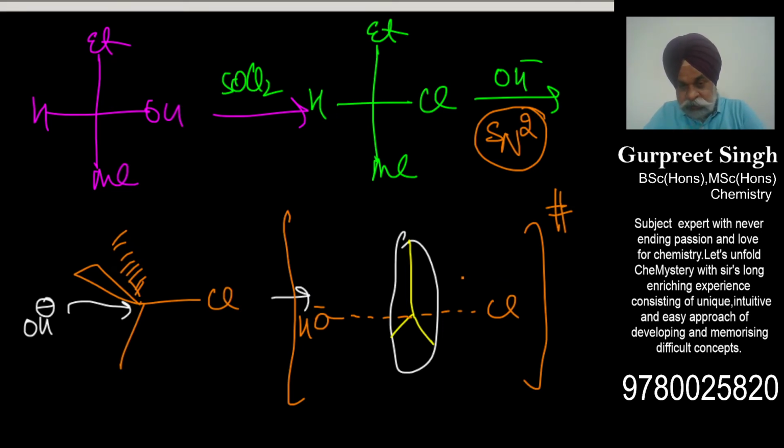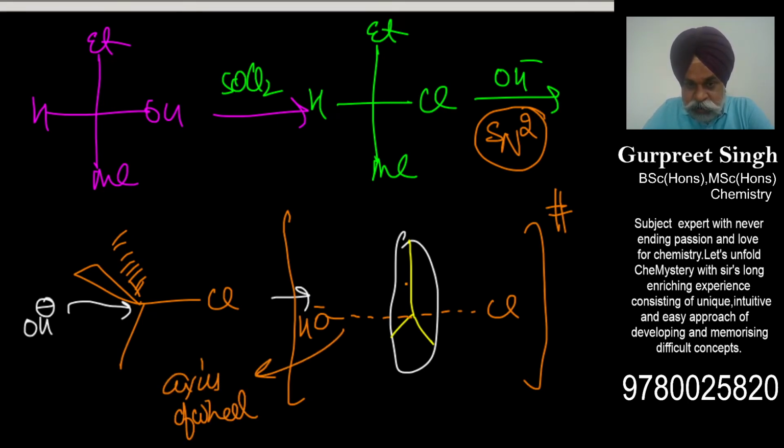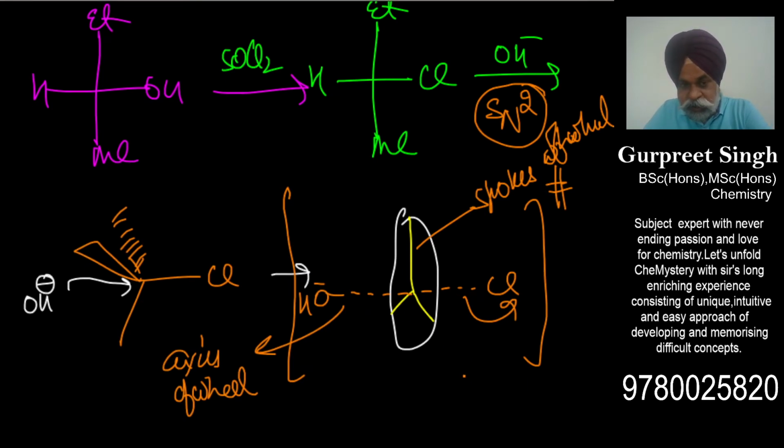During the SN2 mechanism, it is just like the spokes of a wheel, and the OH and Cl attaching with carbon, carbon is just like the axis of the wheel, and these behave like the spokes of the wheel, isn't it? It is a pentagonal bipyramidal type of structure in the transition state, and thereafter the Cl goes out and the OH gets attached.